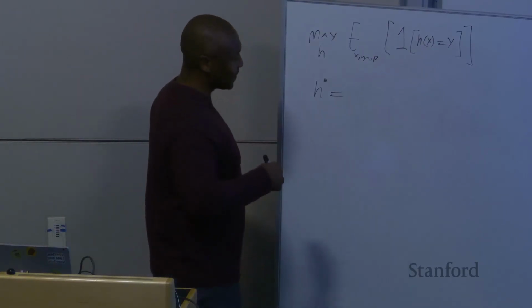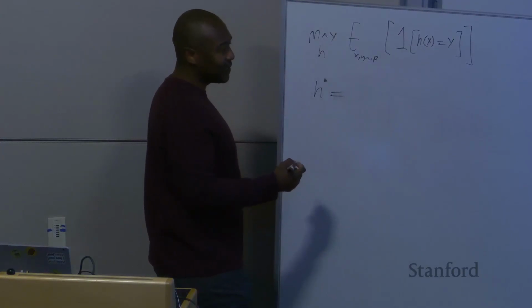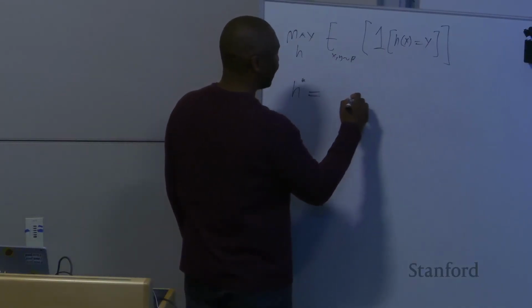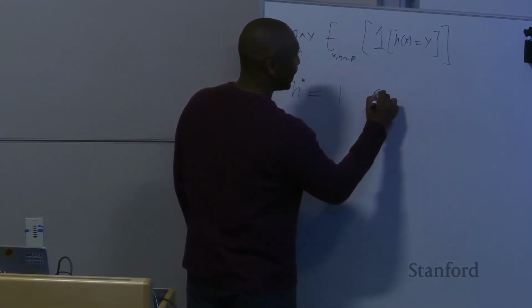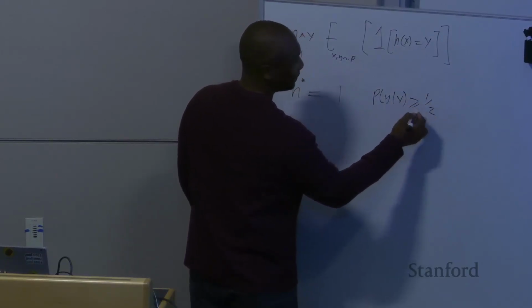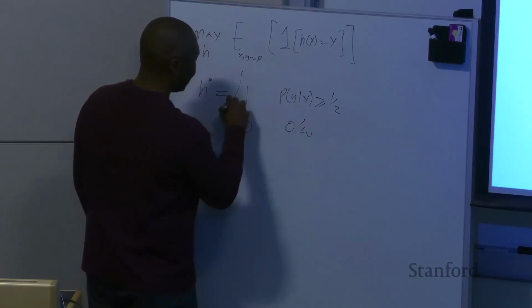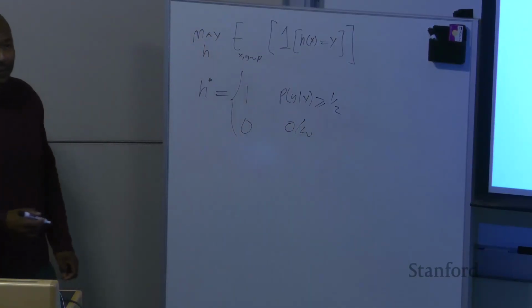You can trace some of this in the technical literature as well. The optimal decision-making rule is to choose 1 if p of y given x is greater than half, or 0 otherwise. This is the optimal classifier to choose.